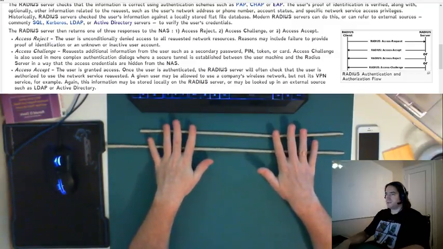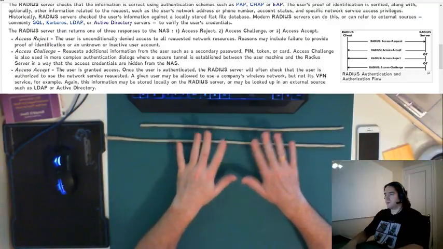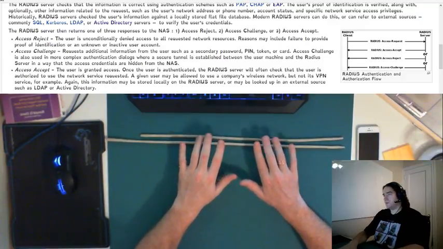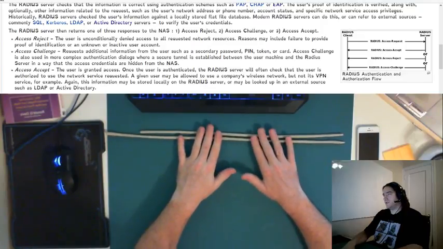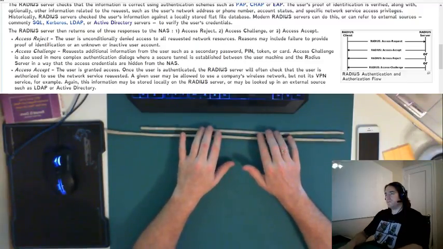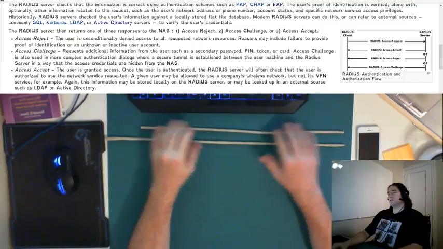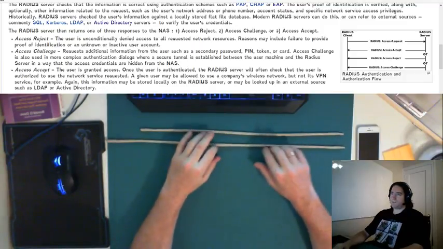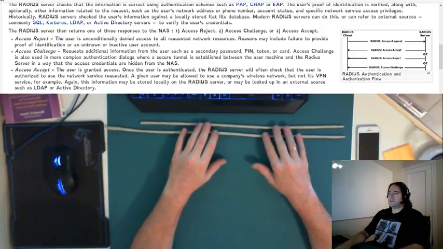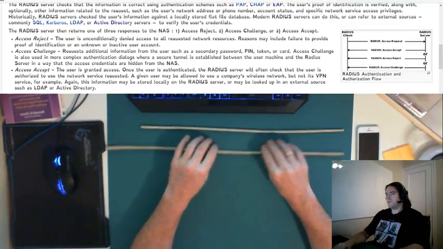Access challenge is also used in more complex authentication dialogues where a secure tunnel is established between the user's machine and the Radius server in a way that the access credentials are hidden from the NAS. That's why I use two-factor authentication. Access accept: the user is granted access.